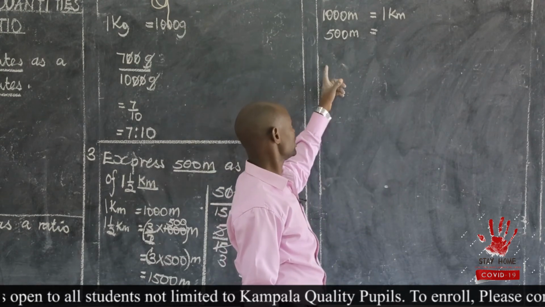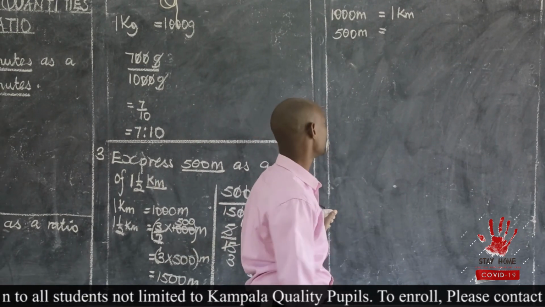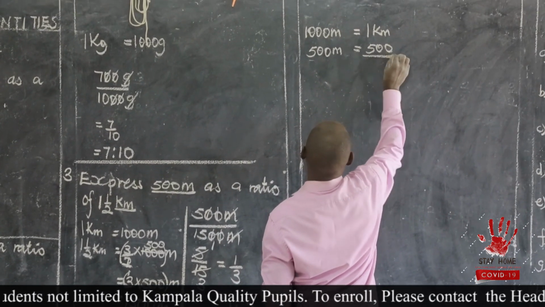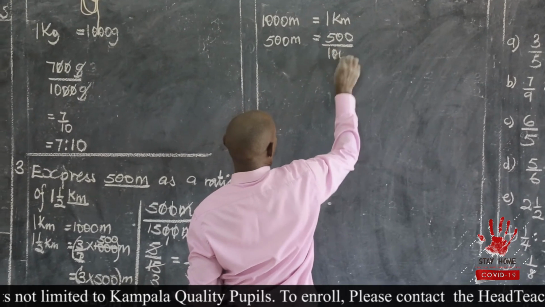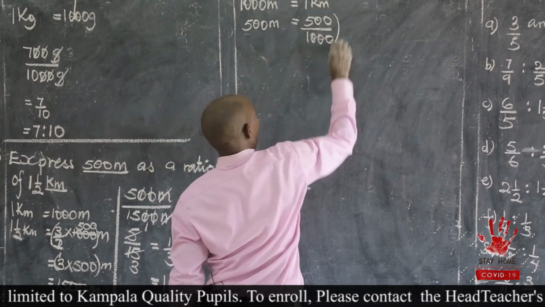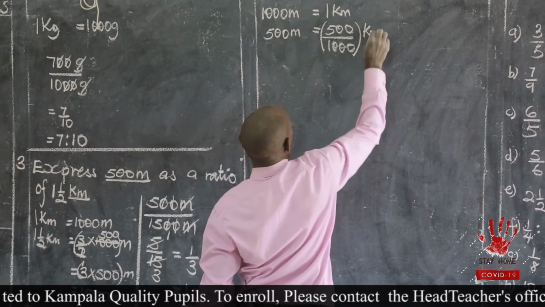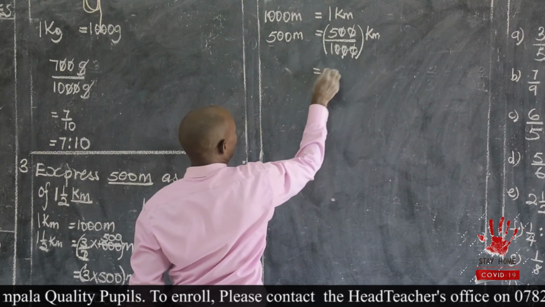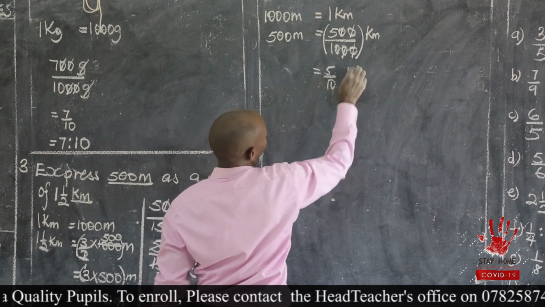So in conversions, if you are reducing, you just divide. So it means we are going to have 500 divided by this 1,000, and this side is for kilometers. This will go with that. So I have remained with 5 out of 10 kilometers.